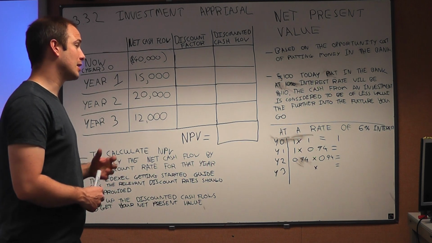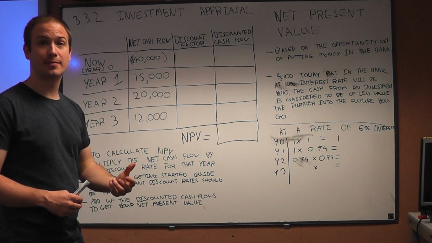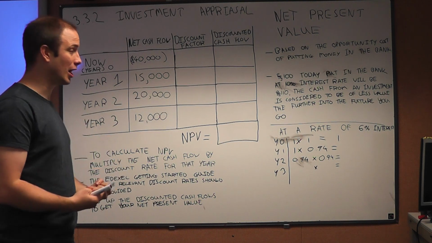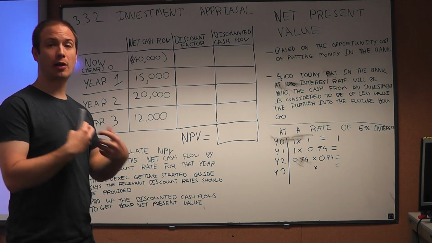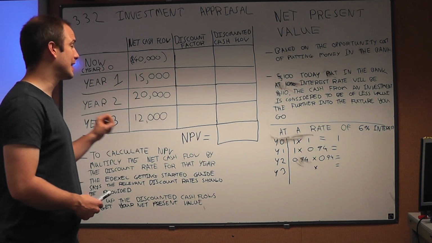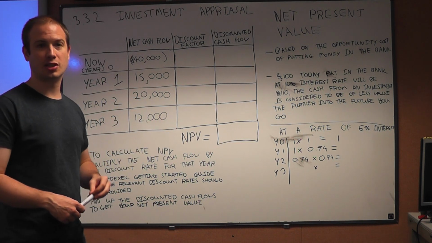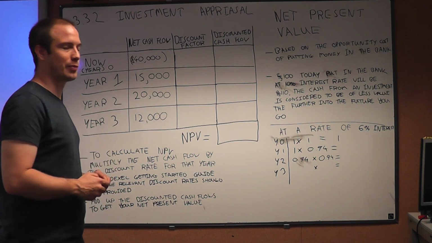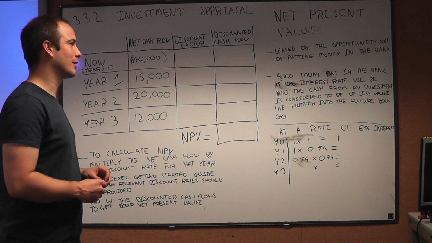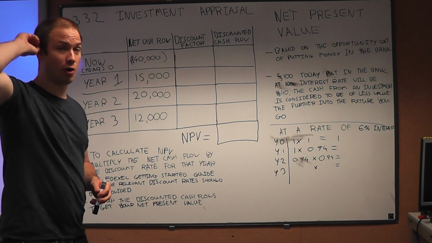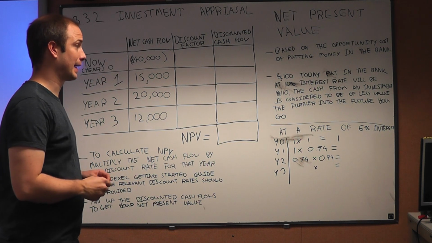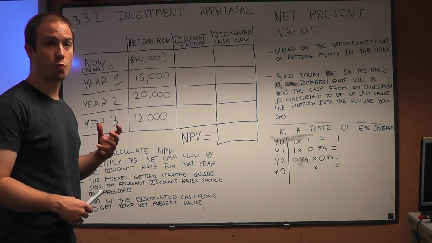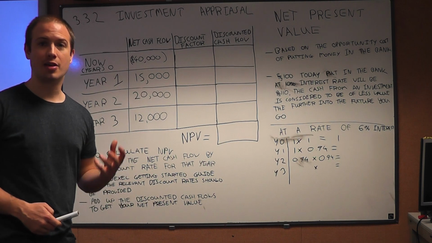And the way that we do that is we calculate a discount rate, which is taking into account how much that money is worth in the future, and apply that to our cash flows to get the net present value, which is the real terms of the return on the project, taking into account the opportunity cost of putting money in the bank. So money in the future is considered of less value than money today.